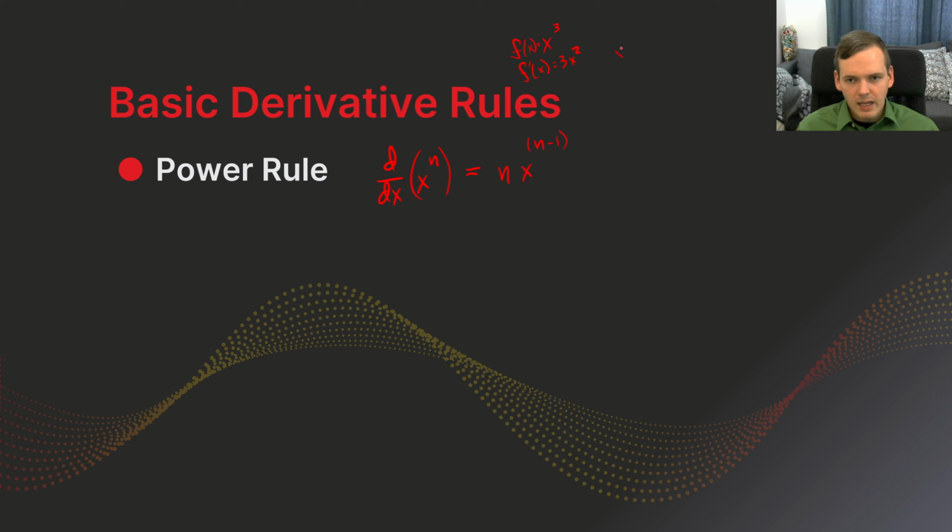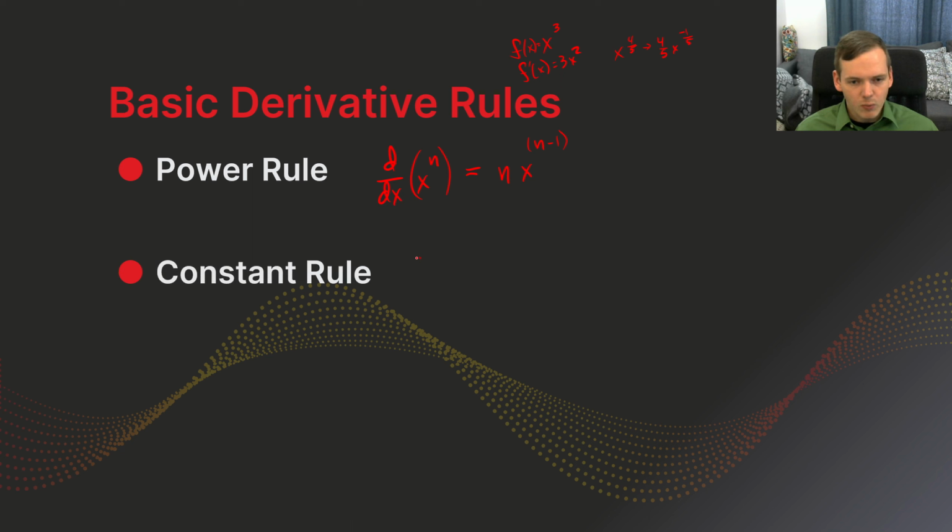If it was x to the 4/5, then the derivative will be 4/5 x to the negative 1/5, because 4/5 minus 1 will be negative 1/5. So that's what we're going to do for the power rule: take the exponent, bring it in front, and reduce the exponent by 1.